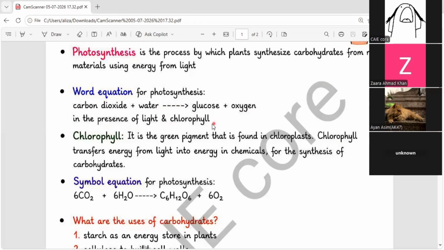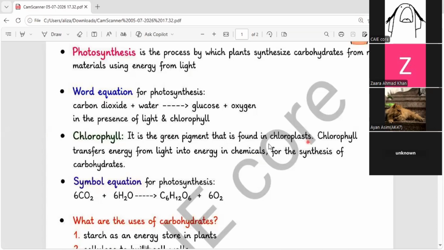Now, what is this chlorophyll? I've been saying chlorophyll, chlorophyll, chlorophyll. Basically, chlorophyll is a green pigment that is found in the chloroplast. If you have studied the cells chapter, you will know what chloroplast is. The chloroplast is present in every plant that makes its own food.